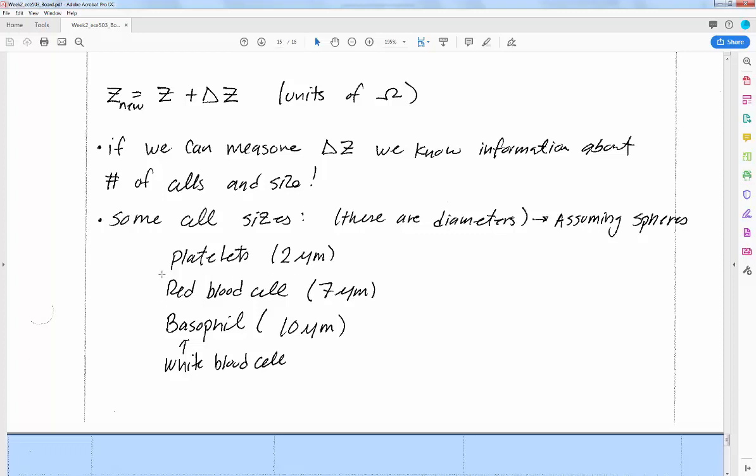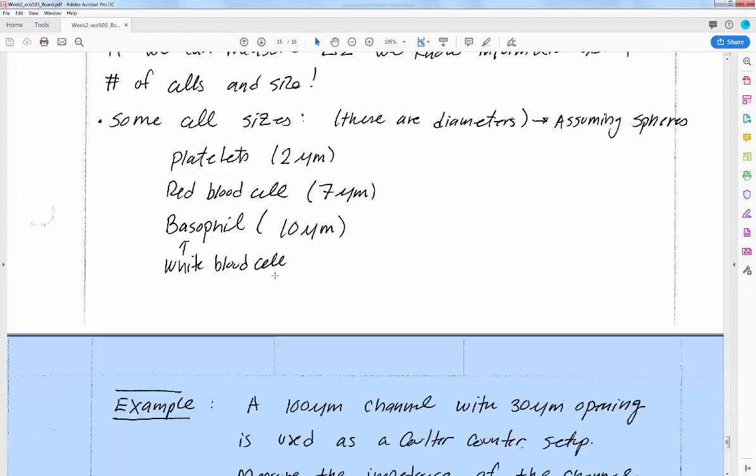Again, we're assuming that these are spheres, but they're actually not. A red blood cell is more like a disc. Basophils are definitely not spheres; they're very weirdly shaped. But if we assume that they're spheres, they're about 10 micrometers in diameter. A basophil is a white blood cell. So we're going to take a platelet and a basophil, and see the difference that basically a 5 times change in diameter can make on delta Z.